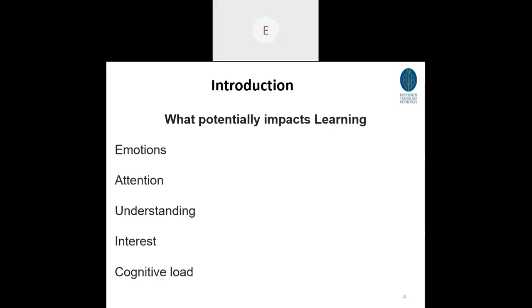Now, people have been working in this area, especially in psychology, looking at ways of improving teaching and learning. I've been looking at what potential factors could impact learning.